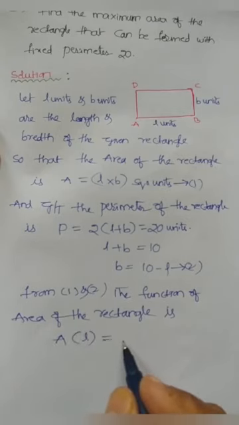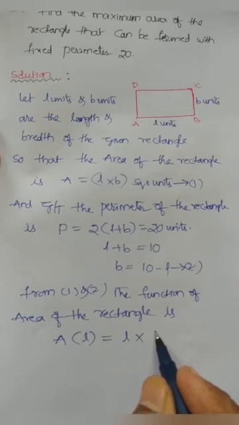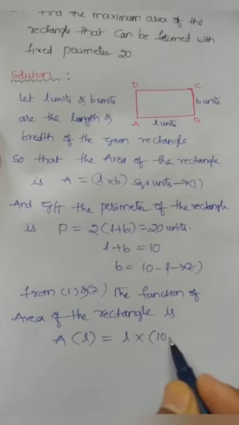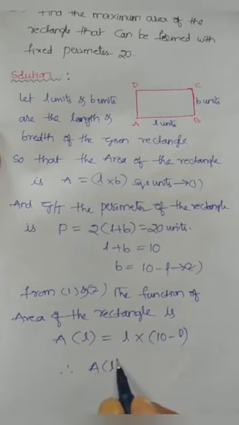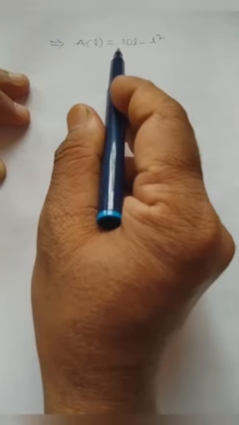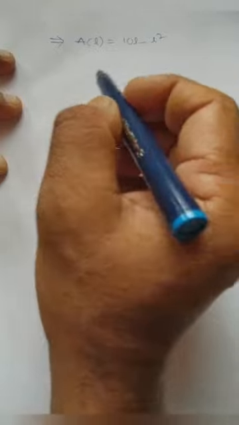So L into B can be written as L into 10 minus L. Therefore, what is our function? A of L is equal to L into 10 minus L. So A of L is equal to 10L minus L square.